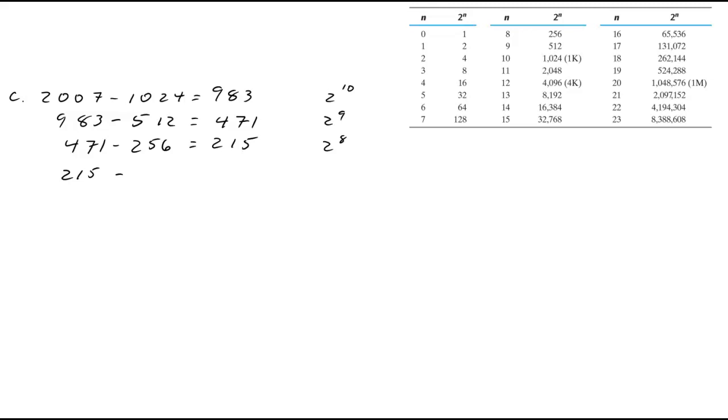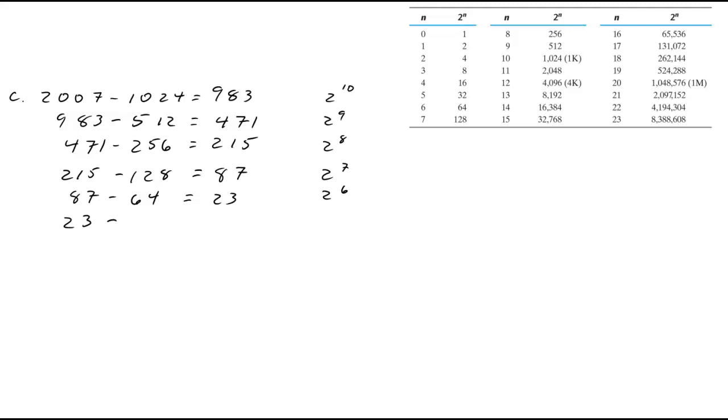From 215, we can get 2 to the 7th, which is 128. 215 minus 128 is 87. From 87, we can subtract 64, which is 2 to the 6th. And that difference is 23.